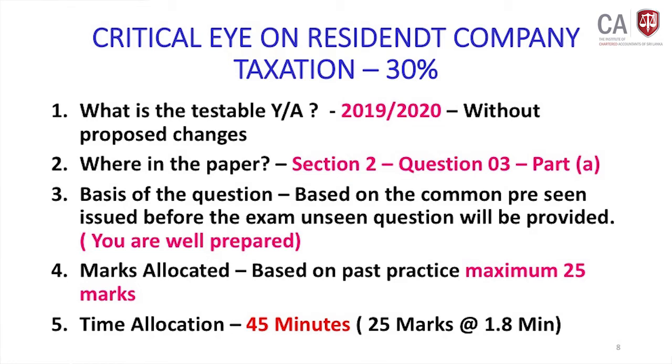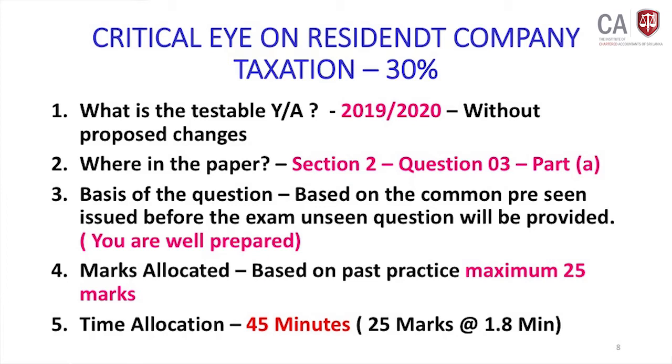Then marks allocated: all of you know that, and I have repeated, based on past practice, it's a maximum of 25 marks. On the first day when I started value-added tax, I mentioned this is a narrative paper. You have to write more, and calculate less. Even when you calculate using that computation, you have to recommend and confirm your answer.